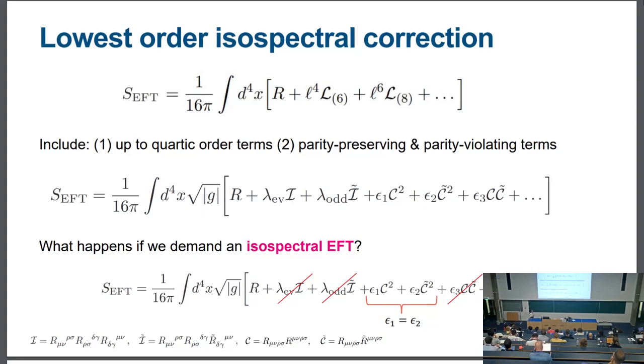It also means you cannot have any cubic order terms, so you cancel this one, and this one's already canceled. When you look at what's left over, you just have two terms, and you find that the two coupling constants have to be equal. So essentially it boils down to just two terms and one coupling constant.